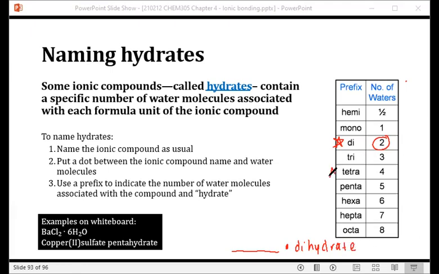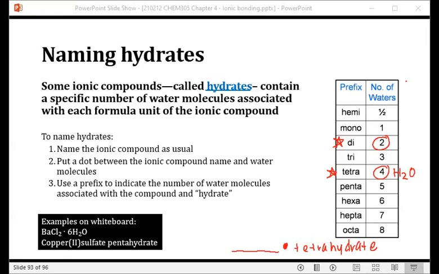If there were 4 water molecules associated with each formula unit of your ionic compound, you'd name your ionic compound, and then you'd put a dot, which shows that the water molecules are a hydrate of that ionic compound. So you put a dot, and then you put tetrahydrate, to show that there's 4 H2Os, water molecules associated with that ionic compound.